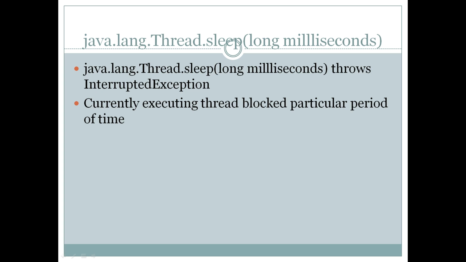If there is any interruption during the block, the sleep method throws an InterruptedException. If there is an interruption by some other thread, process or task, the sleep method throws a checked exception called InterruptedException.